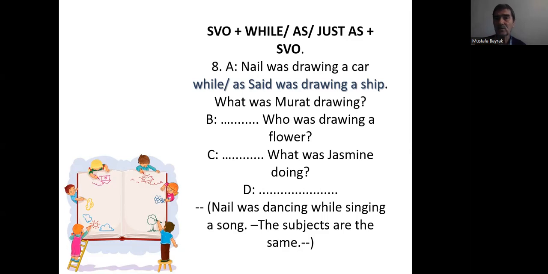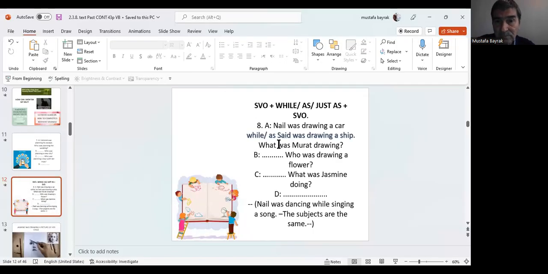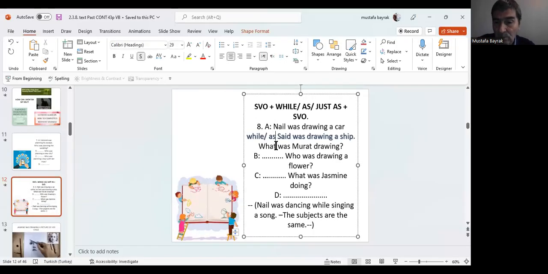There are two actions happening parallel to each other. Naila was drawing a car picture while, or as, or just as, let me write it there too, but I think as is more for physical things.